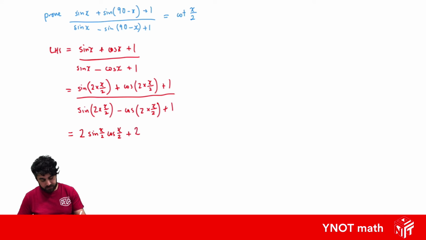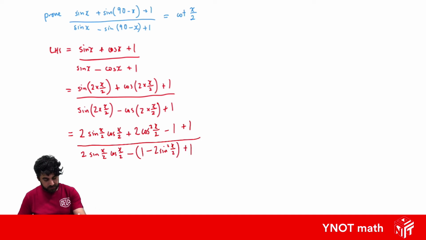You have to rewrite this as 2 cos squared of x over 2 minus 1 for our double angle formula for cos, plus 1, all over 2 sine x over 2 cos x over 2 minus, now again we have a double angle formula for cos, and this one we might write in terms of sine, so it's 1 minus 2 sine squared of x over 2 plus 1.